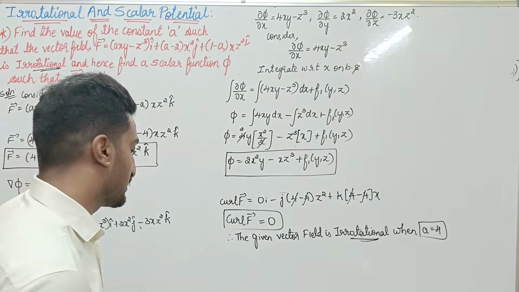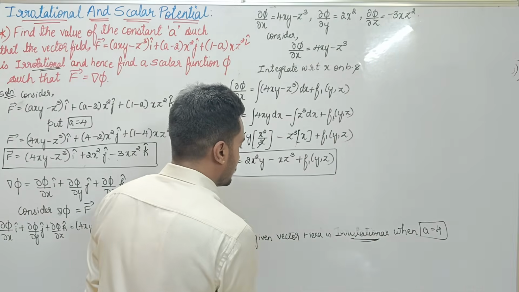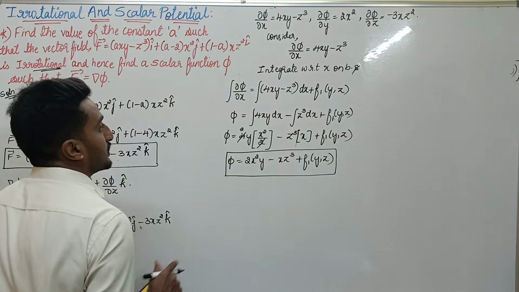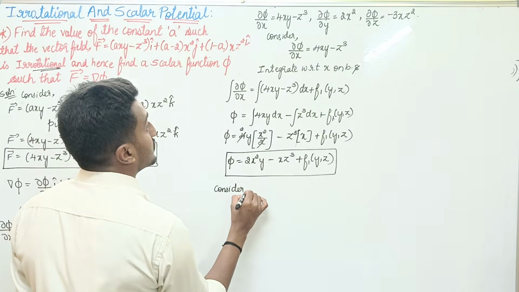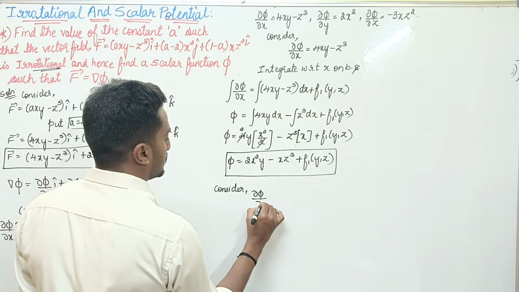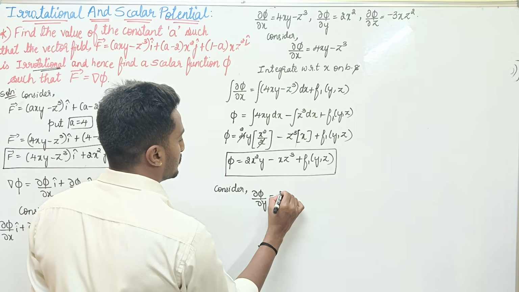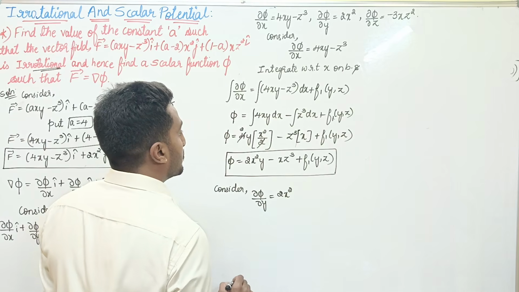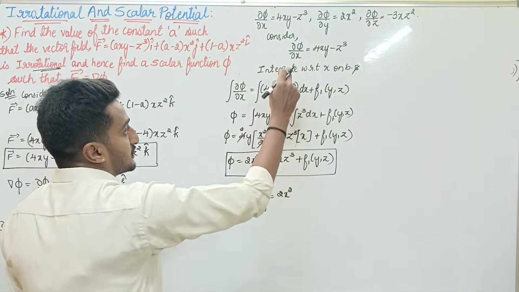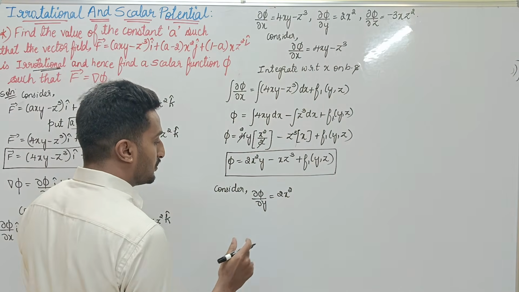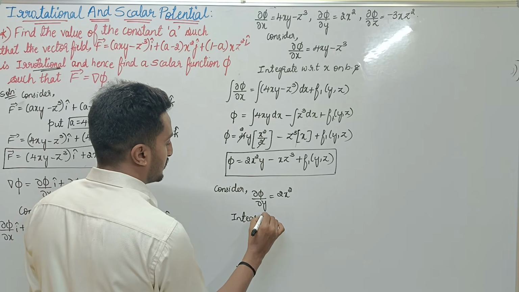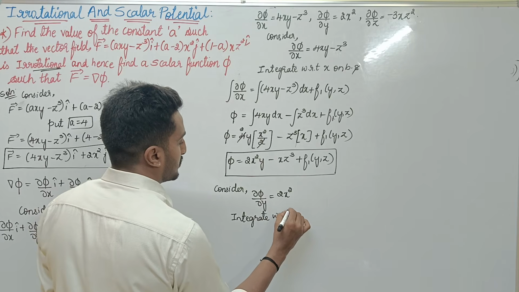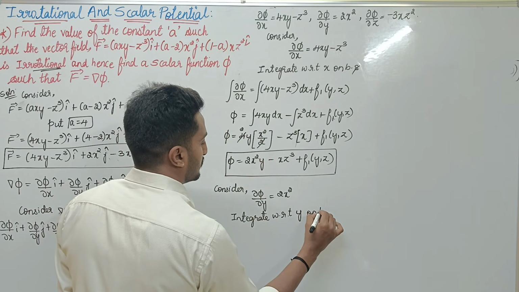Similarly, let us integrate with respect to y. Now consider ∂φ/∂y, which is equal to 2x square. Since the first was integrated with respect to x, but here we have y, integrate with respect to y on both sides.